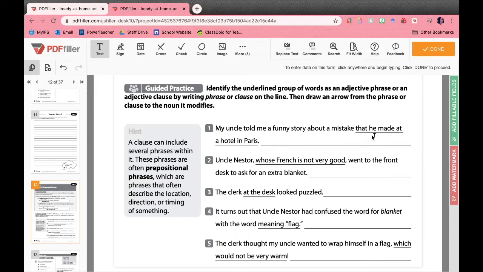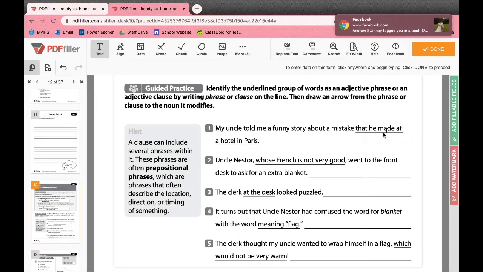Here, that he made at a hotel in Paris is not a complete thought, so we know it's either an independent clause or a phrase. Well, he made, so we have a subject and also a predicate.